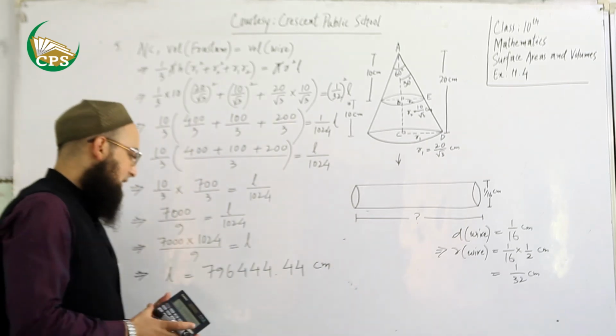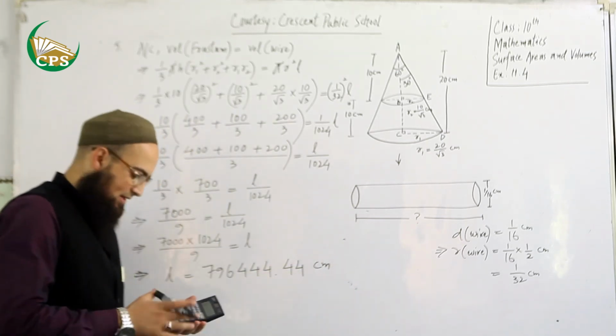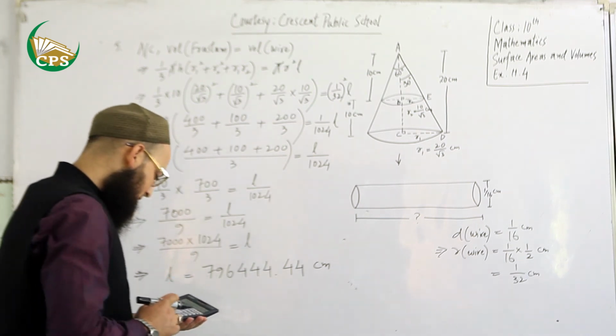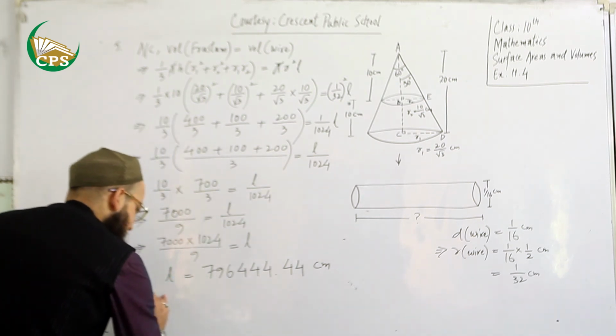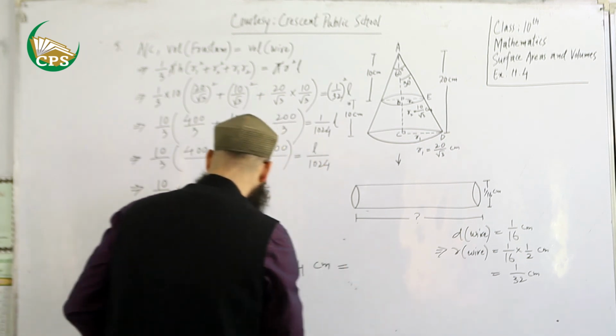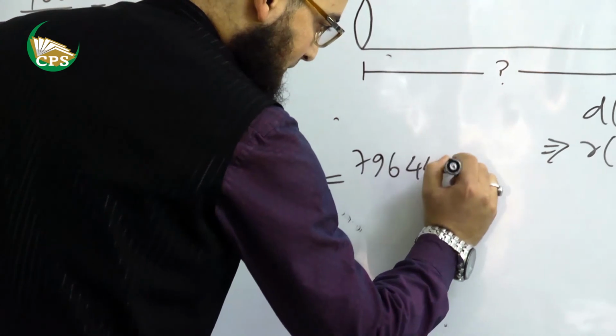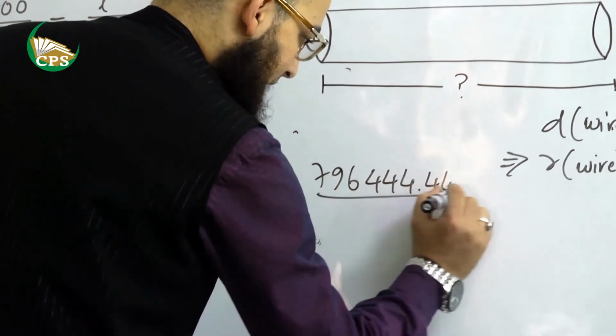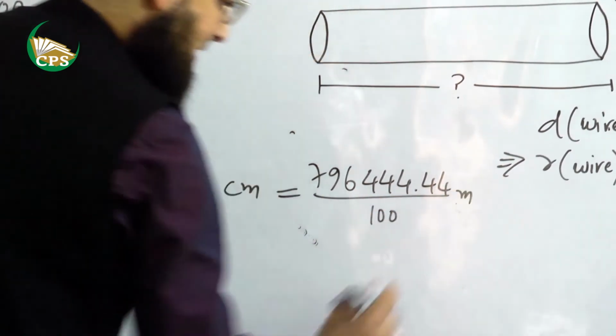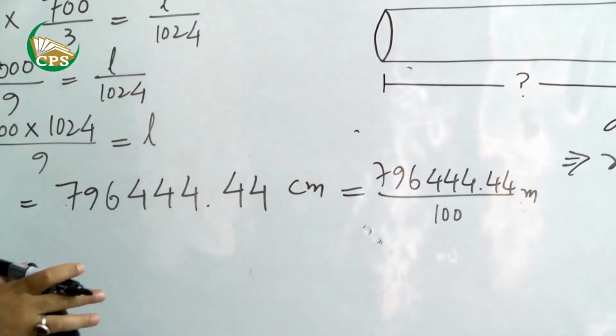If I convert this into meters, I will divide it by 100. Now let us divide 79644.44 by 100. On dividing by 100, I am in meters.